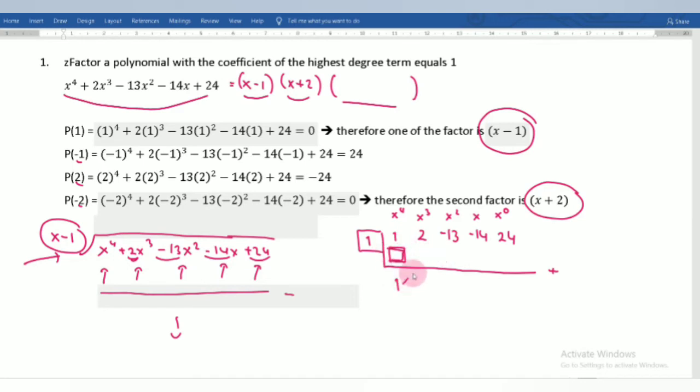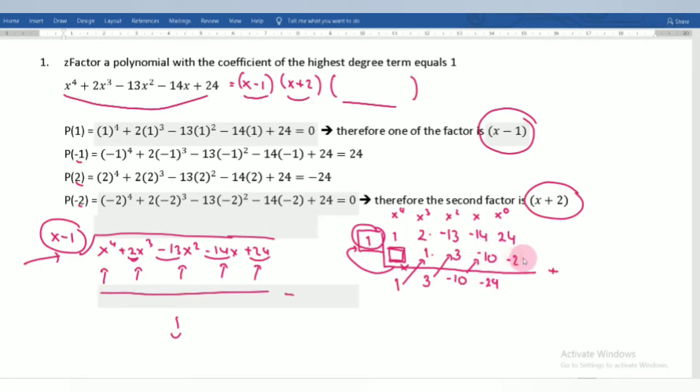And then when it goes here, you multiply it by the 0. Since the 0 is 1, 1 multiplied by 1 is 1. So you add 2 and 1, it will be 3. It goes here, you multiply it by 1, so it's 3. Negative 13 plus 3 is negative 10. It goes here, negative 10. Negative 14 minus 10 is negative 24.